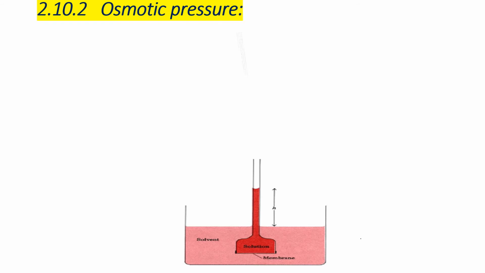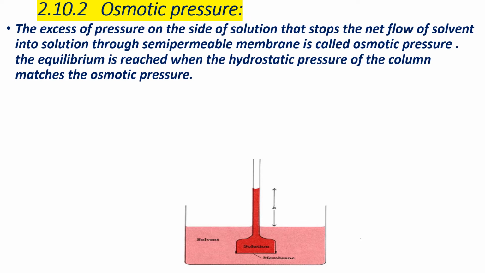Point number 2.10.2, osmotic pressure. The excess of pressure on the side of the solution that stops the net flow of solvent into the solution through a semi-permeable membrane is called osmotic pressure.